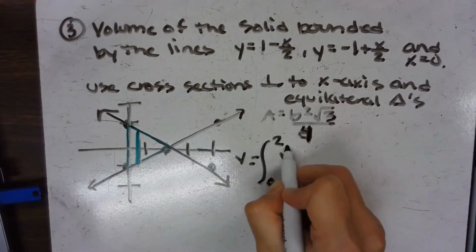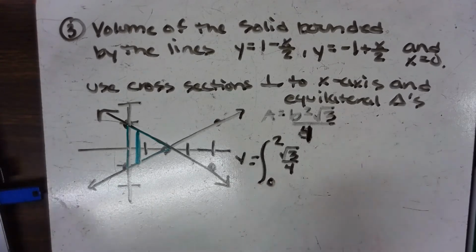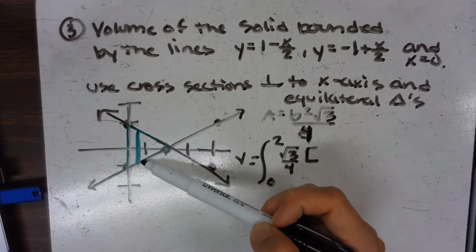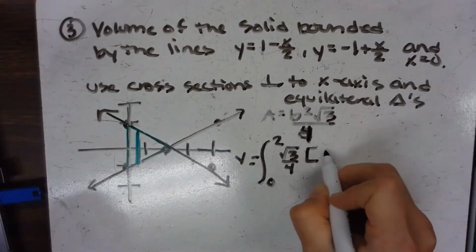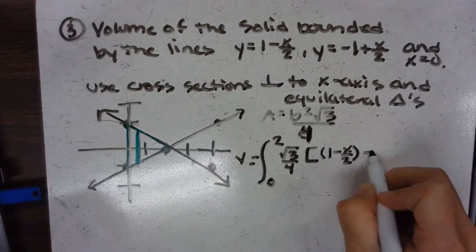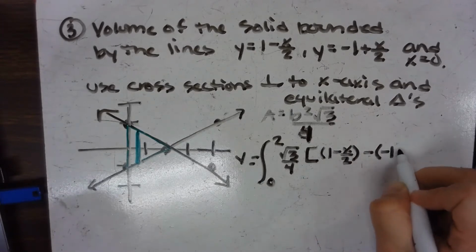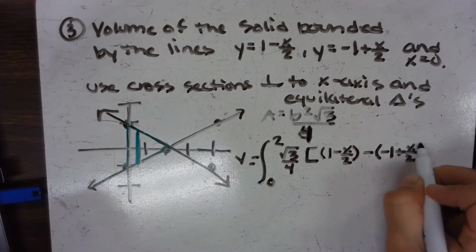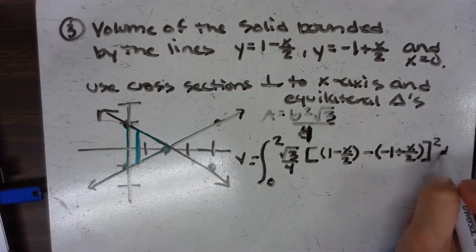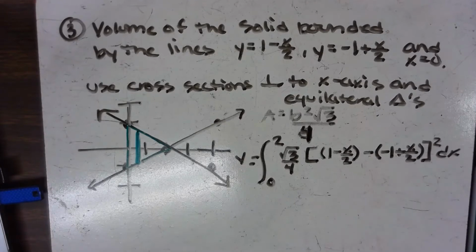I'm going to pull out the constant, square root of 3 over 4. And remember when we do the volume, we are doing the top one minus the bottom one. So the top one is 1 minus x over 2 minus the bottom one, and then that's squared, and don't forget your dx.